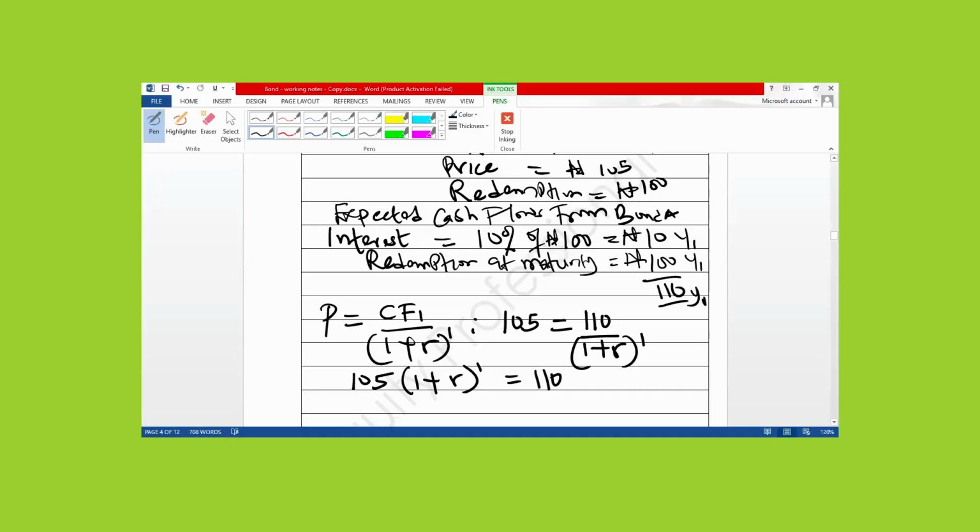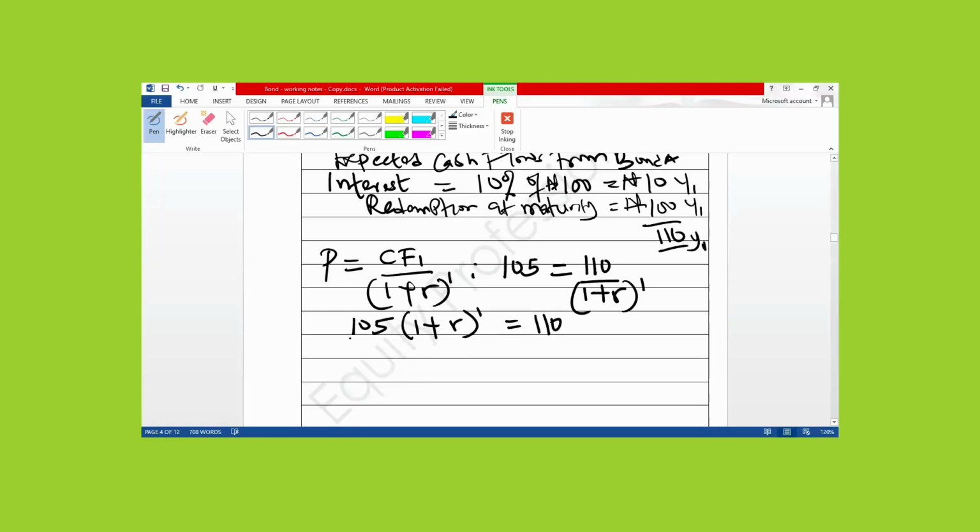The mathematician in the house: divide both sides by 105. I am left with 1 plus R raised to power 1.